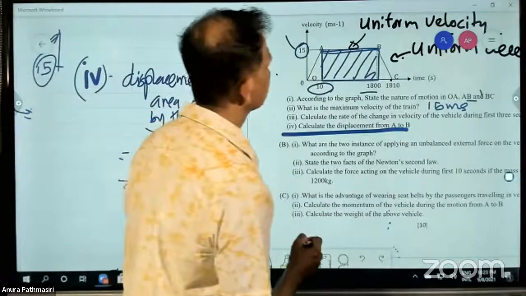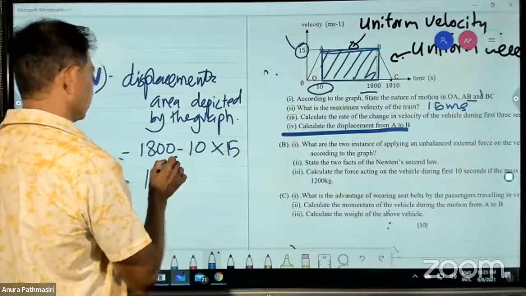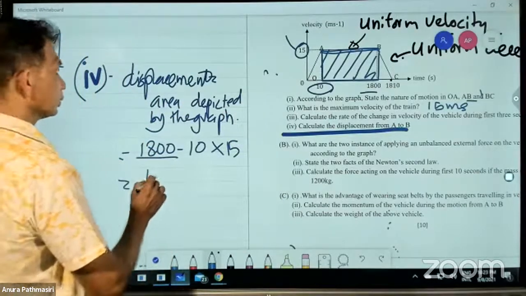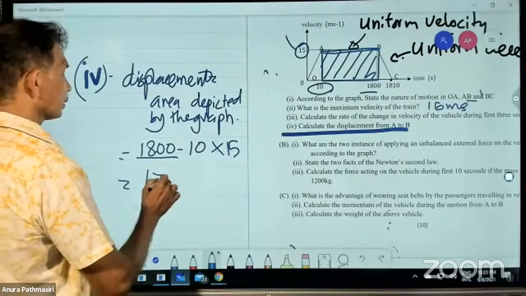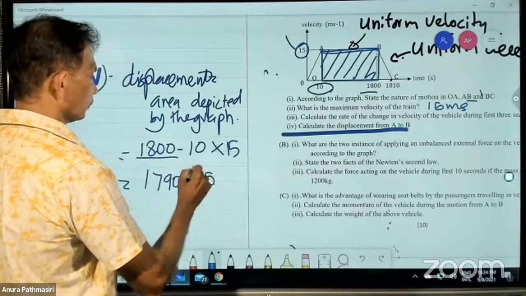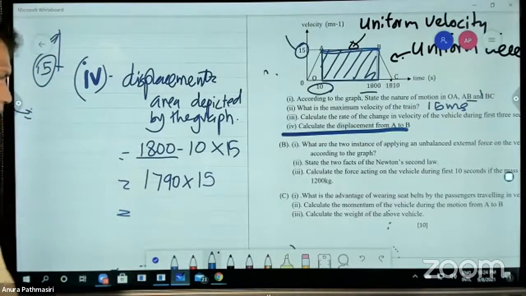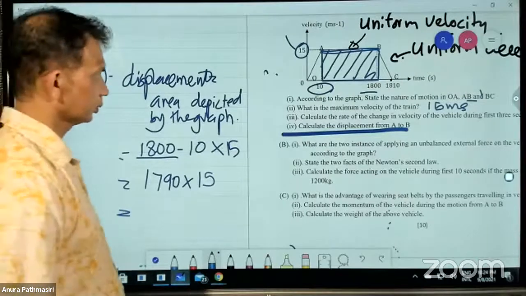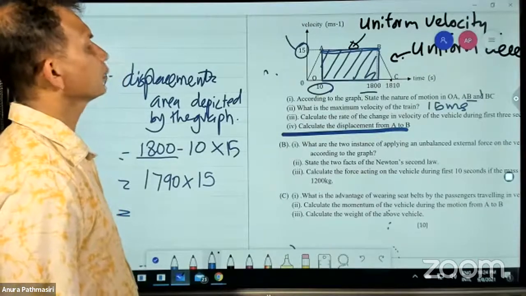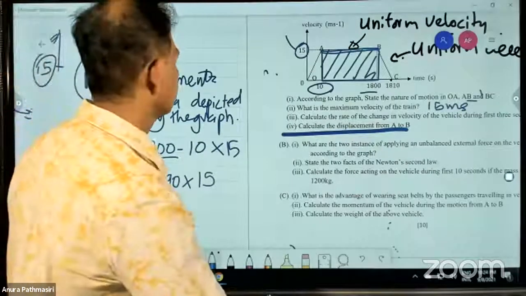Yes, sir. Then 1790 multiplied by 15. Is it correct? Yes, sir.